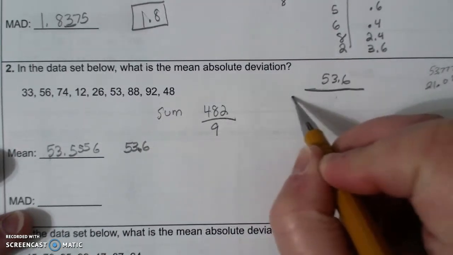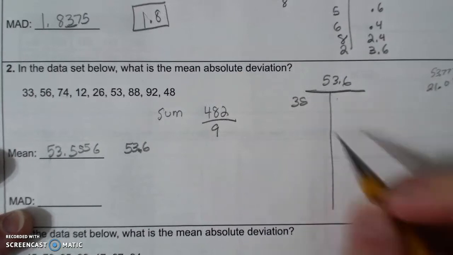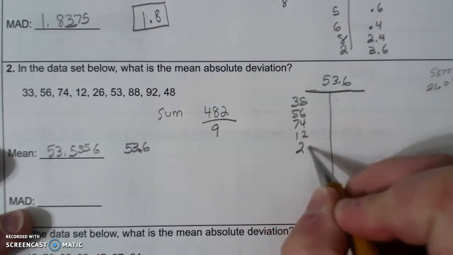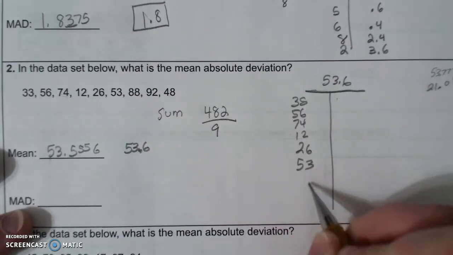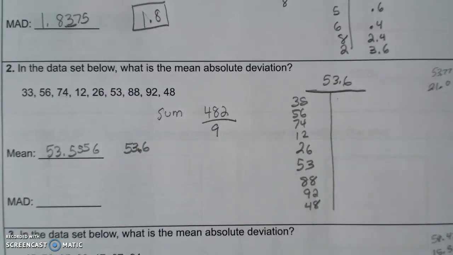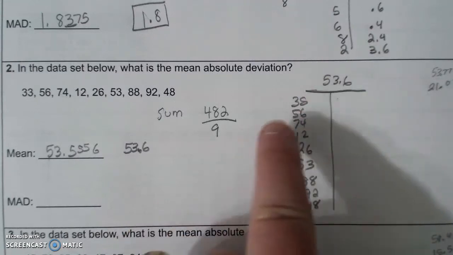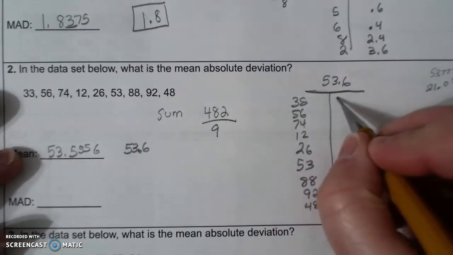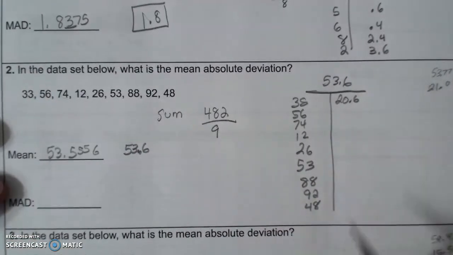And so I have 53.6 and 33, 56, 74, 12, 26, 83, 88, 82, 48. The way I do it is I will either subtract this way or this way, whoever's larger. So I do 53.6 minus 33. I get 20.6.